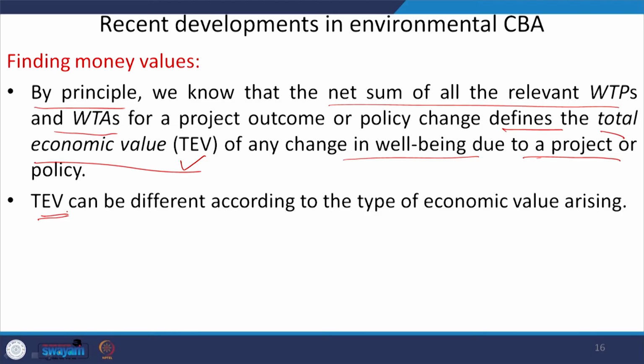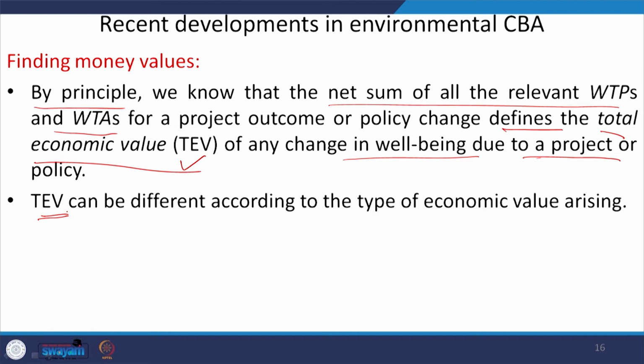Why will the amount of the total economic value be different? Because it depends upon the type of economic value that different consumers or different sections of the society, those who are impacted by this particular policy, will be valuing.